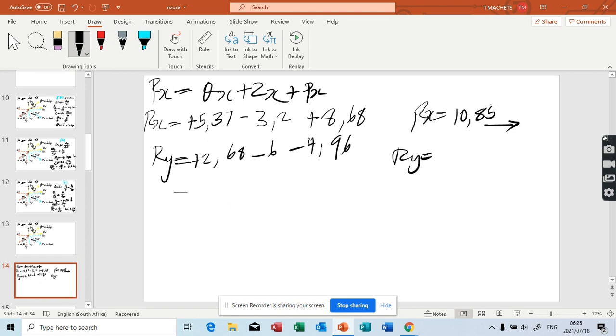Ry equals, okay, let's say 2.68 minus 6 minus 4.96. Then I got negative 8.28, yes, and then it's going downwards. So here to find our resultant we use Pythagoras theorem. Do you agree?